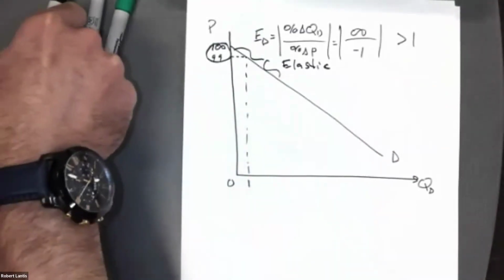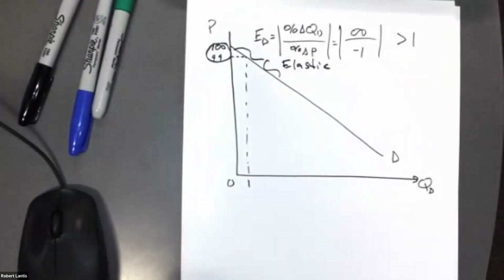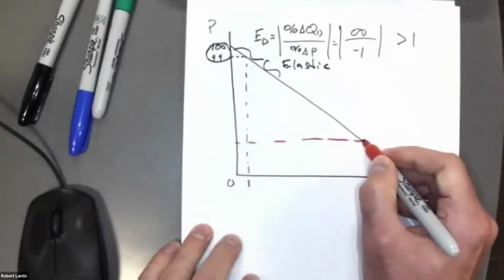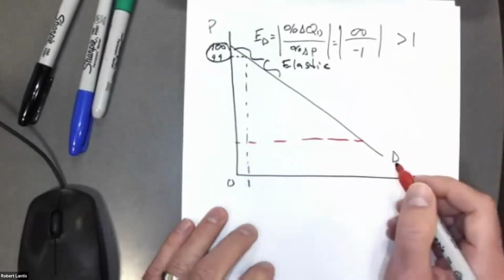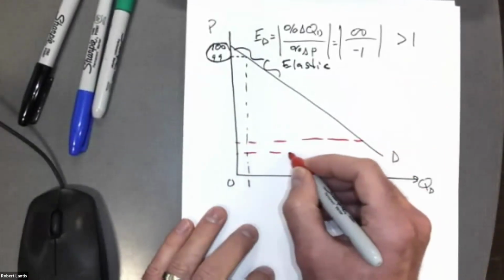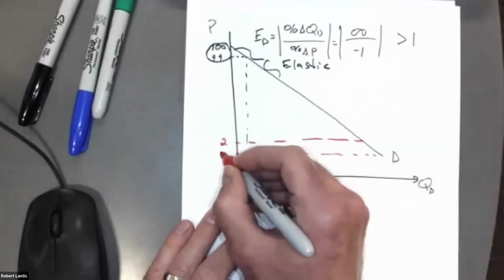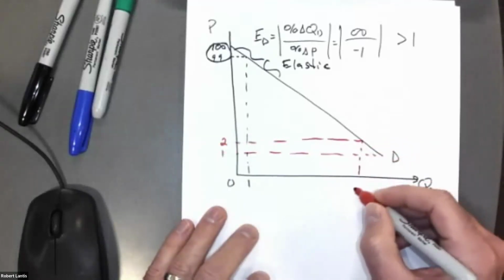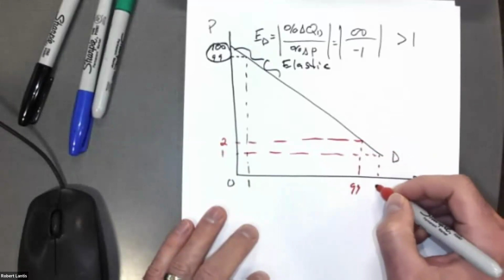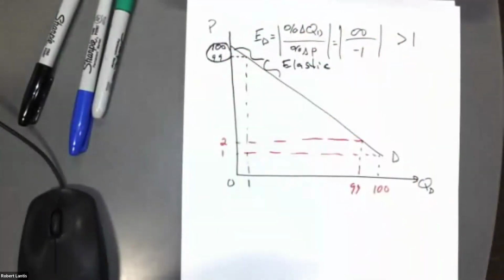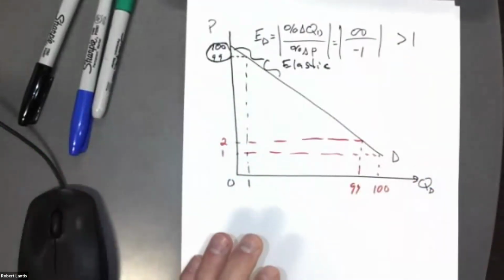Now, as we move down that curve, let's say I got down here and I'm going from, I don't know, 2 to 1. And this is going to go from 99 to 100. This wouldn't mathematically work out correct, but I'm just using these values to make the point.